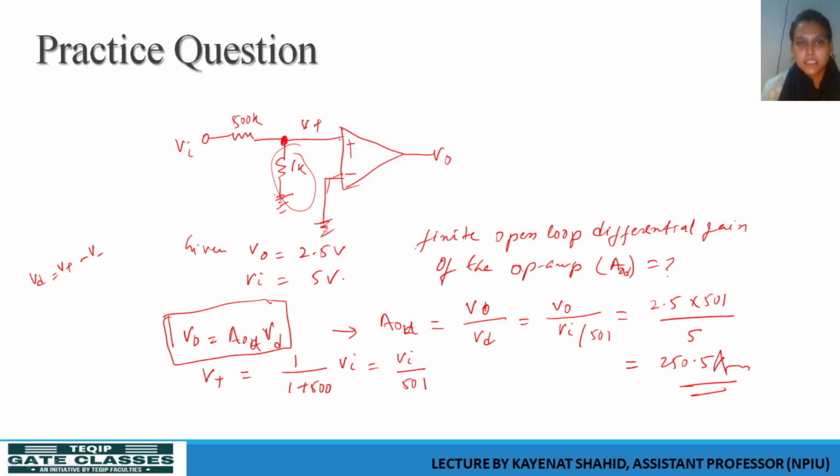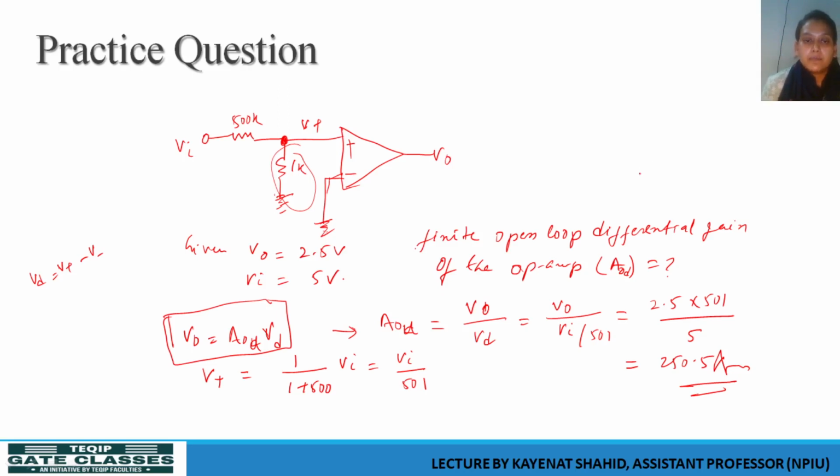We will be discussing these kinds of circuits a lot in your upcoming lectures, so it will be much clearer. In the next lecture we will be talking about application of operational amplifier in linear region. If you have any question about this class or the previous two classes, you can always write a comment and I will get back to you.